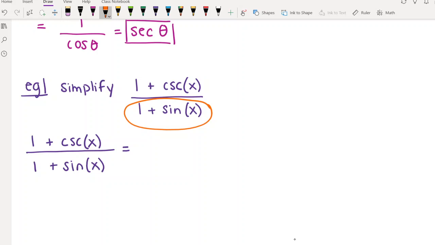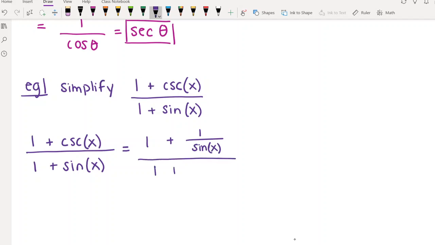Sine of x is just sine of x. There's no way to rewrite that as a fraction. Whereas with cosecant, that can be written as 1 over sine of x. So we have 1 plus 1 over sine of x divided by 1 plus sine of x.